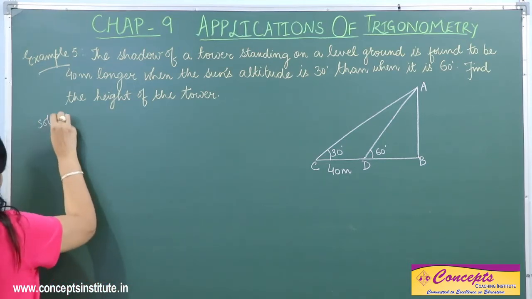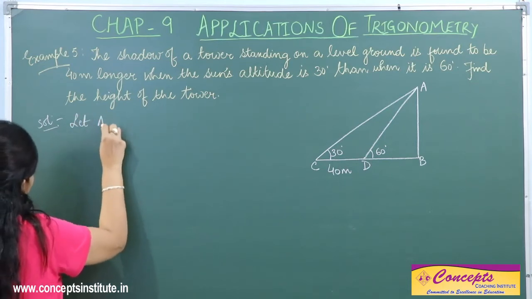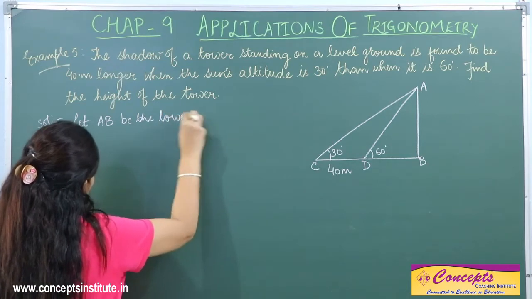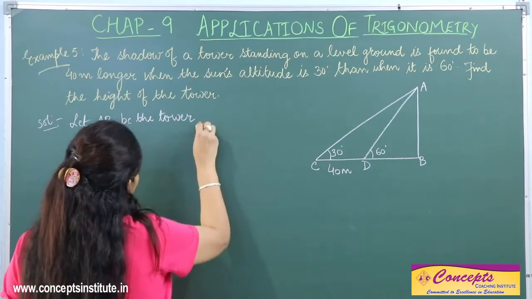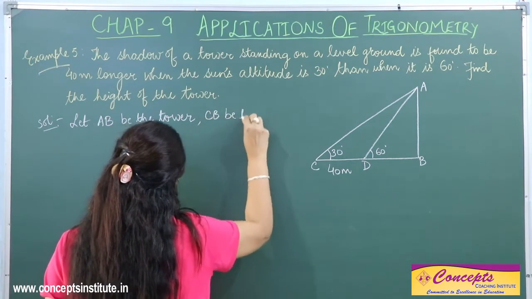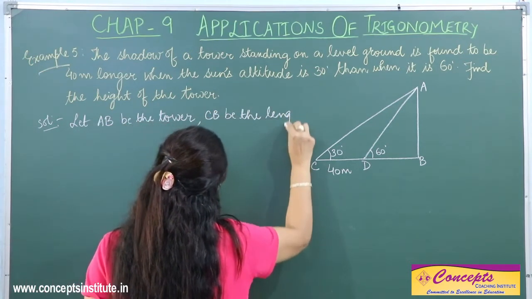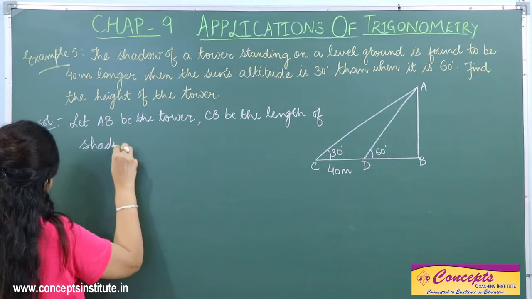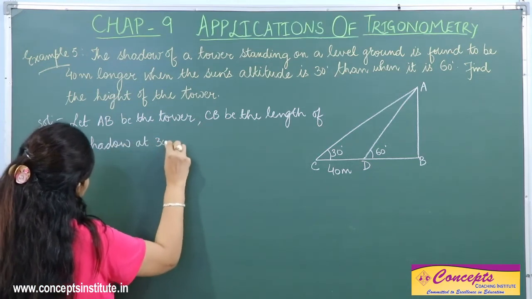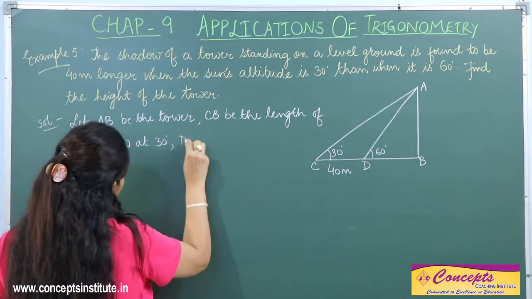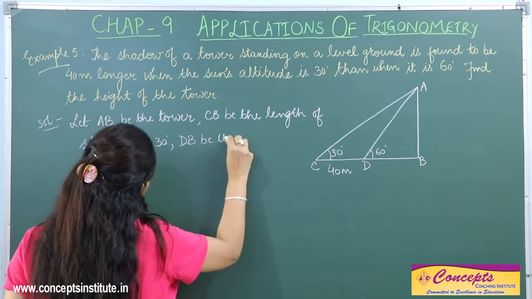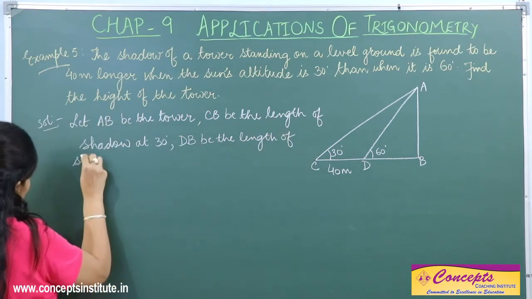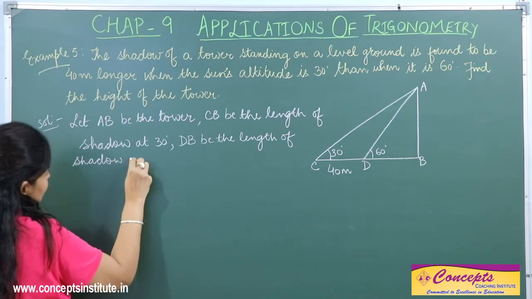So let me just write in the solution, let AB be the tower and CB be the length of shadow at 30 degree and DB be the length of shadow at 60 degree.